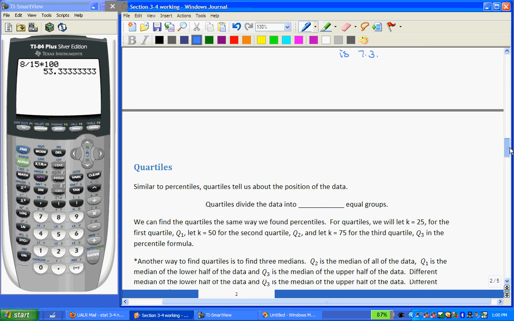So going in order, 1, 2, 3, 4, 5, 6, 7, it's going to be 87. So 87 is the 75th percentile. And if you want to, go ahead and check to see if the other method comes out the same. Sometimes it does, a lot of times it does, but every once in a while, depending on the size of the data set, it might not. It might be a little bit different.